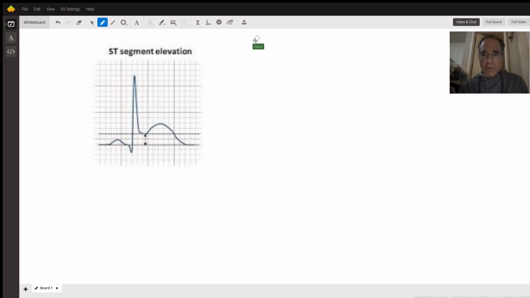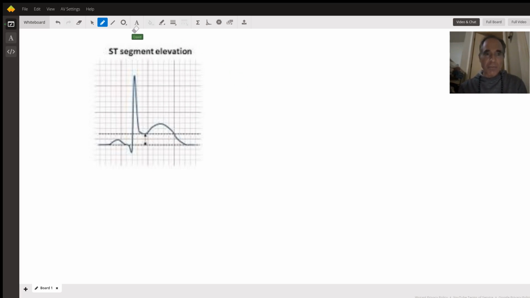So one important qualification is, if you're trying to diagnose STEMI, you have to have ST elevation in at least two contiguous leads, meaning two leads that are pointing to anatomically contiguous sites.